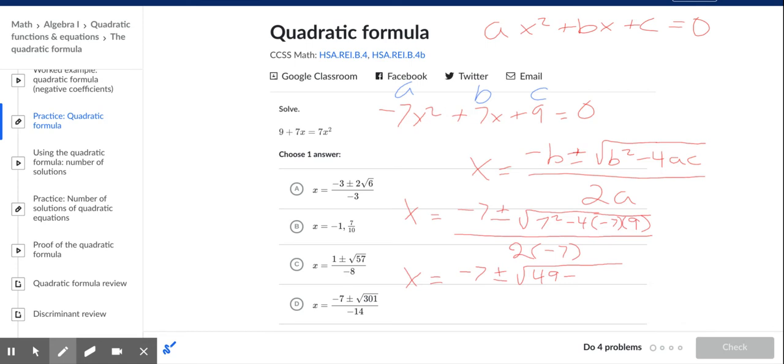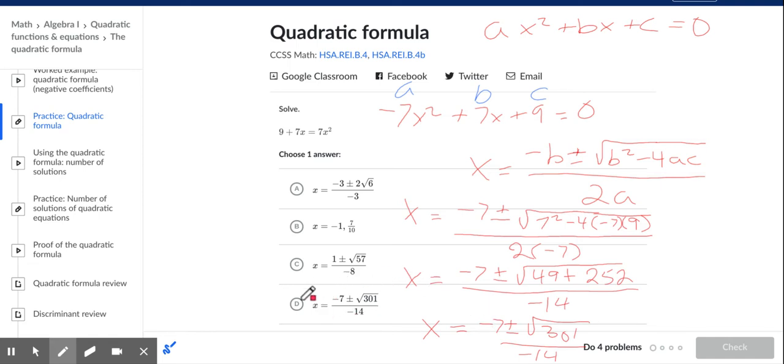Since we had two negatives, it becomes positive 252. All over 2 times negative 7, which is negative 14. 49 plus 252 is 301. So x equals negative 7 plus or minus the square root of 301 over negative 14.